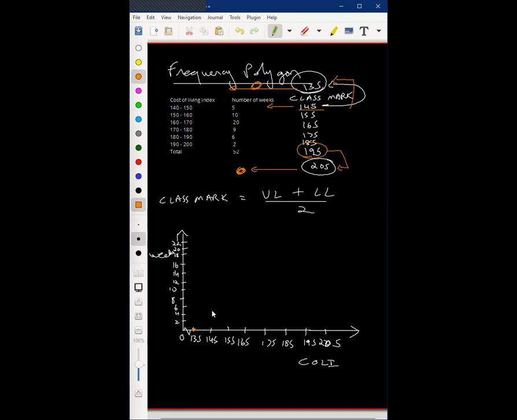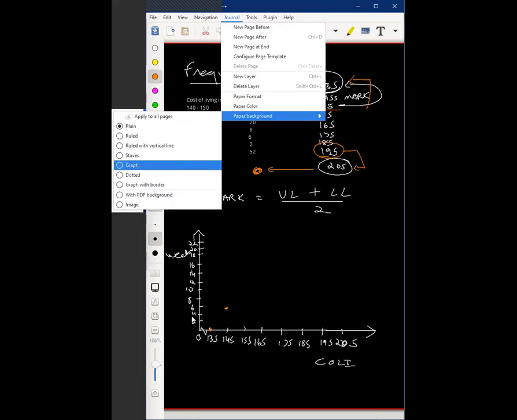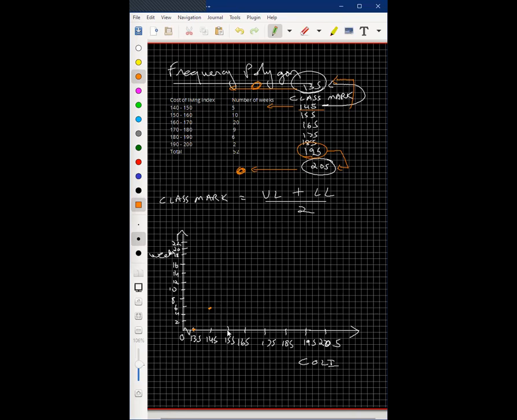So we will mark a point on 5. 155, we have a mark on 10, so our 10th frequency will be somewhere around here. 165, we have 20, so it goes up all the way till here. 175, we have 9. 185, we have 6, approximately here. 195, we have 2. And the last one, 205, again will be on 0.